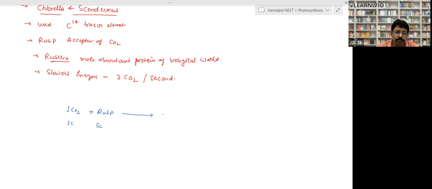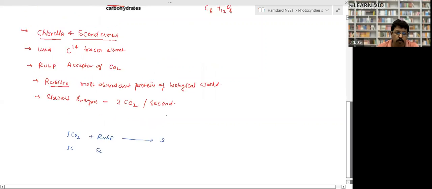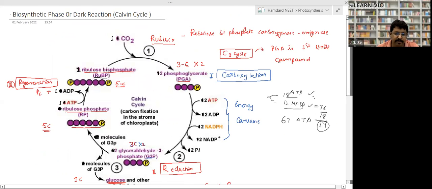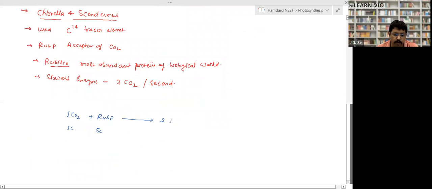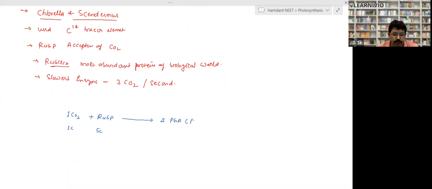So they form two molecules of, look, you can see over here, PGA, phosphoglycerate. They form two molecules of PGA, that is phosphoglycerate. What happened, Affaf?